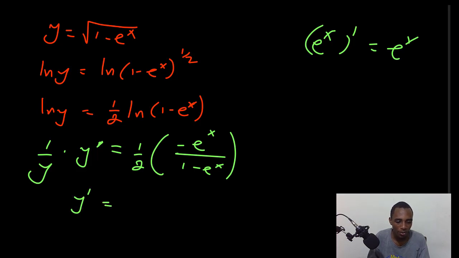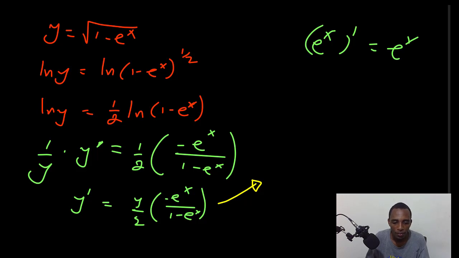So y prime is going to be y over 2 times negative e to the x divided by 1 minus e to the x. I've just got to substitute back for y. What's y? Y is the square root of 1 minus e to the x.